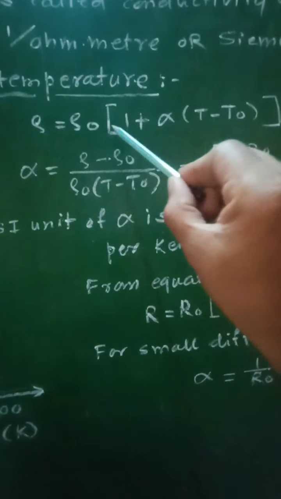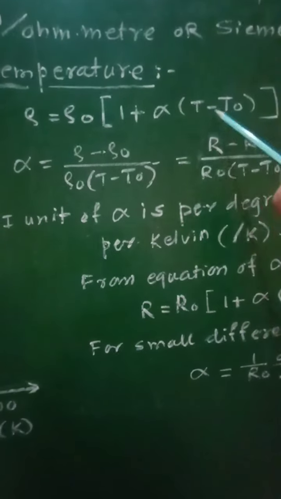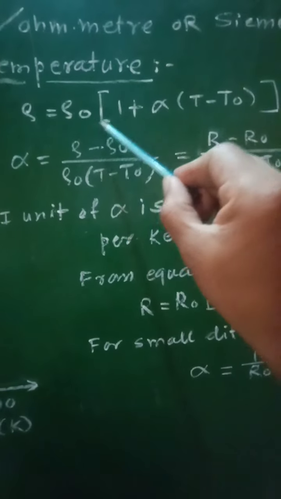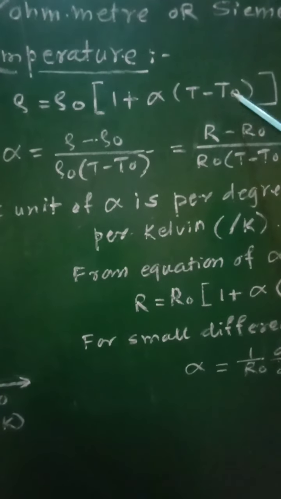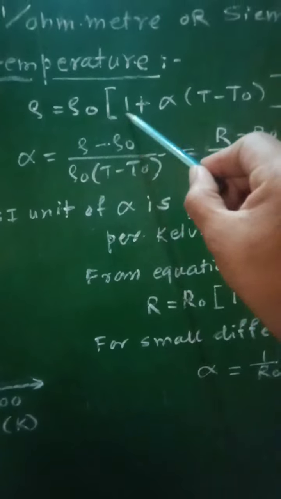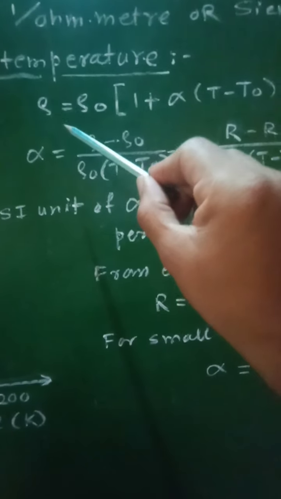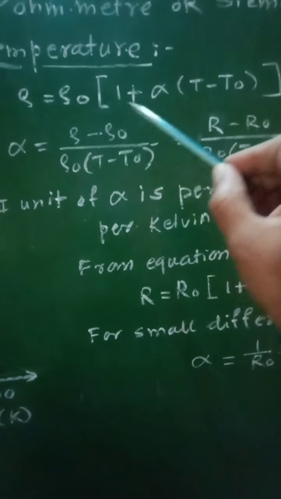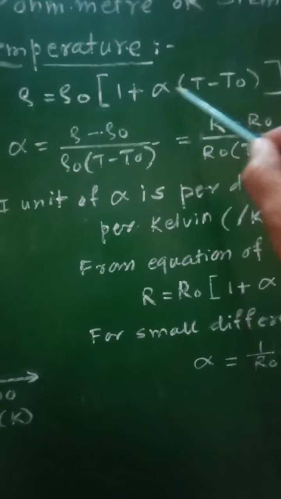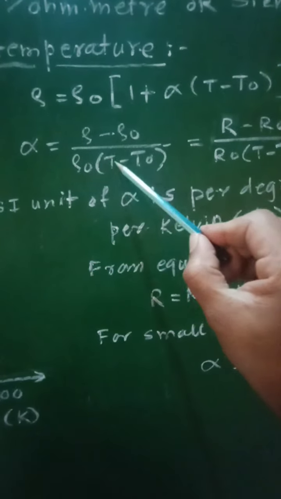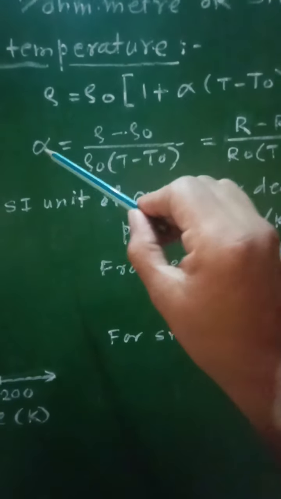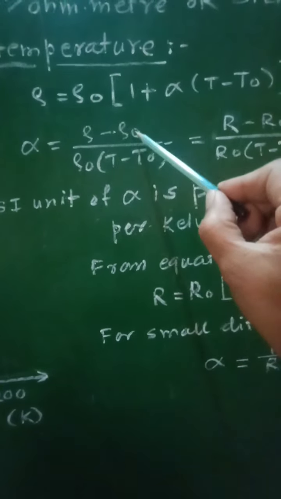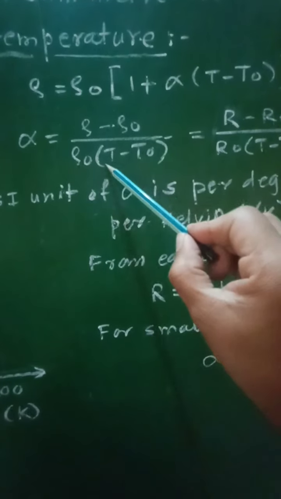If you multiply 1 plus alpha into T minus T0 by rho 0, we get rho is equal to rho 0 plus rho 0 alpha into T minus T0. Therefore, this rho 0 will be shifted to the left side so that it becomes minus. Therefore, we get rho minus rho 0 equal to rho 0 into alpha into T minus T0, which is divided here, and therefore we get alpha equal to rho minus rho 0 upon rho 0 into T minus T0.